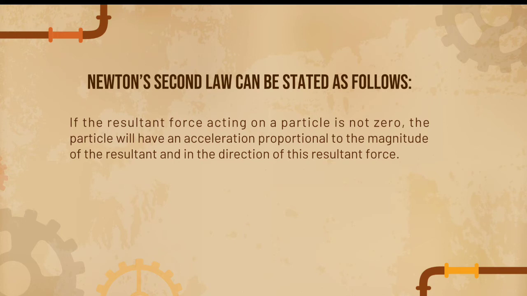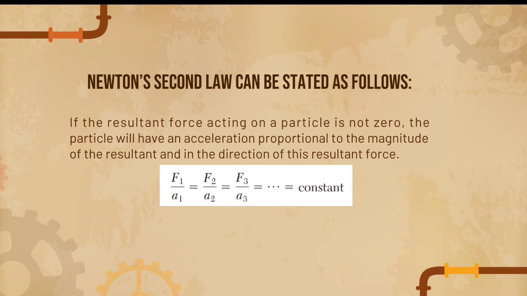we find each time that the particle moves in the direction of the force acting on it and that the magnitudes a1, a2, a3, and so on, of the accelerations are proportional to the magnitudes F1, F2, F3 of the corresponding forces.